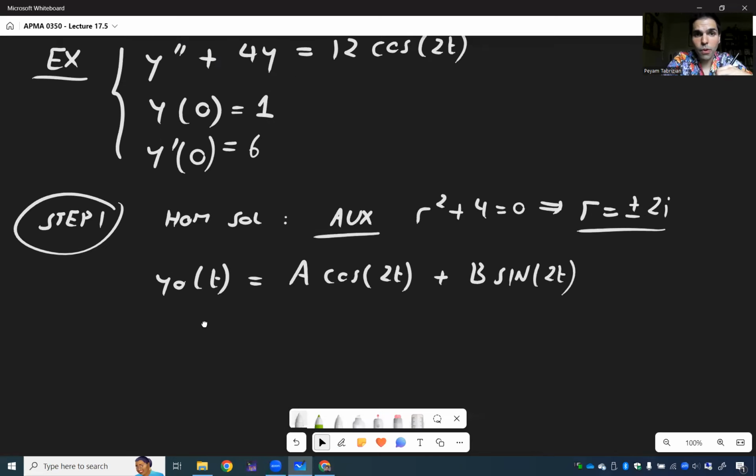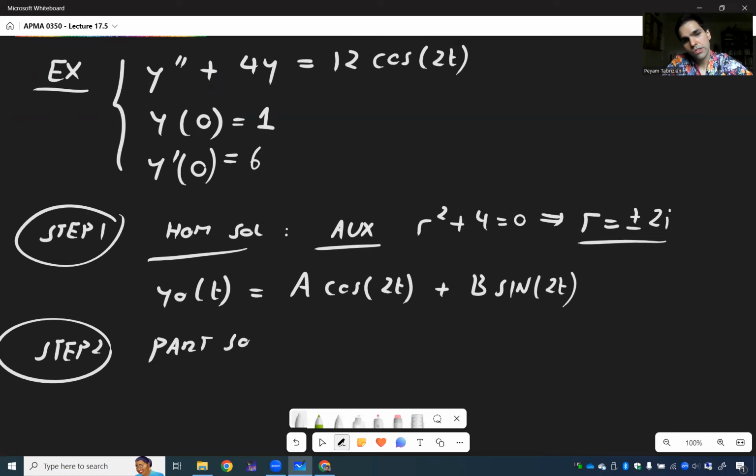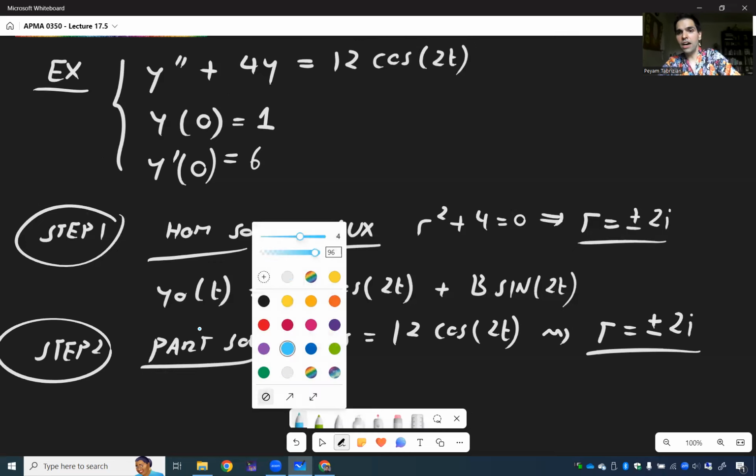And now for the particular solution, let's look at the right-hand side. So here the right-hand side, which is 12 cosine of 2t, this time corresponds to the root r equals plus or minus 2i, which coincides.